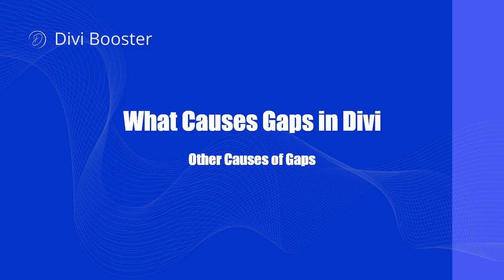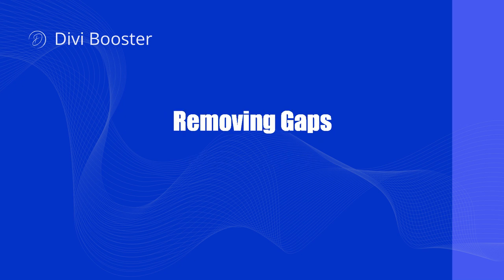While we're focusing primarily on the most common causes of layout gaps in this tutorial, it's always a good idea to be aware of these additional factors. Understanding the many ways gaps can occur will help you troubleshoot and fine-tune your layout for the best results. Minimizing gaps in your Divi Builder layouts requires a mix of thoughtful design decisions and practical adjustments.